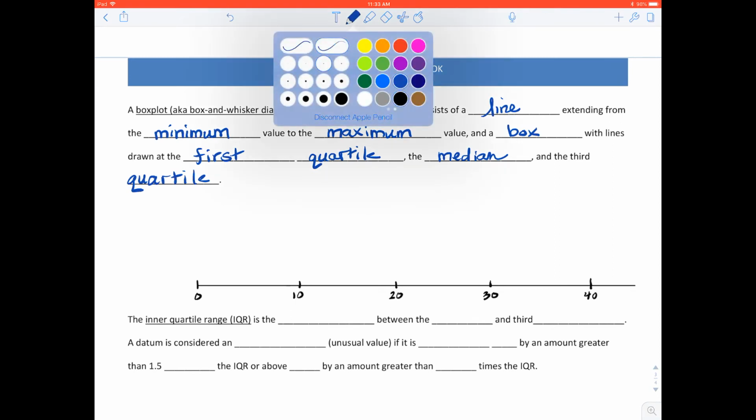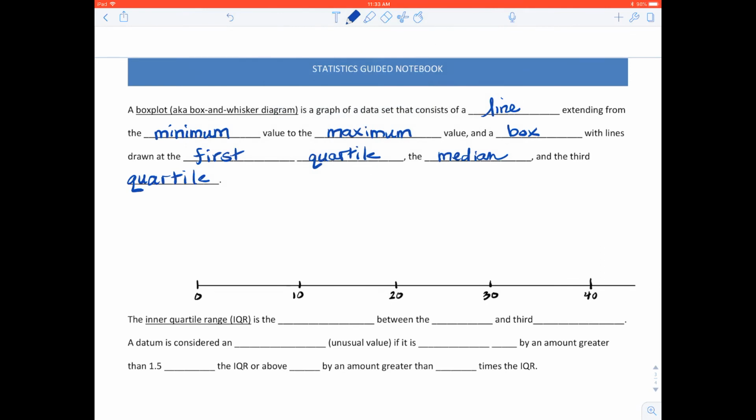So here we've got our minimum value, remember, is 0. Okay. And our maximum value was 42, which will fall about here, I think.